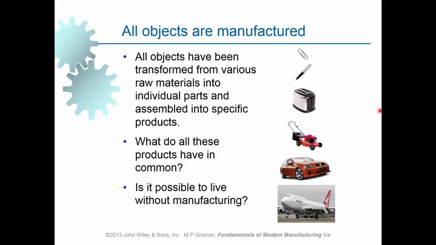Some 50 parts are individually manufactured and assembled together in order to make a toaster. Going down to the lawnmower, there are some 300, yes, that's correct, 300 parts individually manufactured and assembled together in order to make a lawnmower.